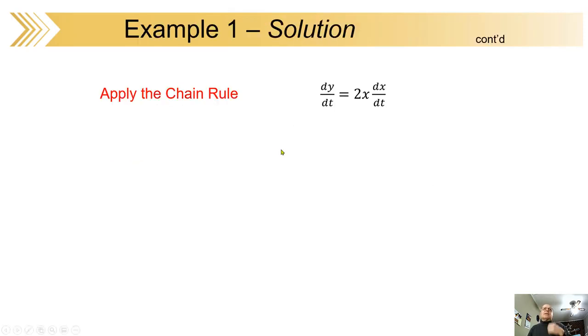So what do we get? Applying the chain rule, we've got dy dt. Remember, that was just a y. And what we had is just 2x, or x squared rather. It gives us dx dt.